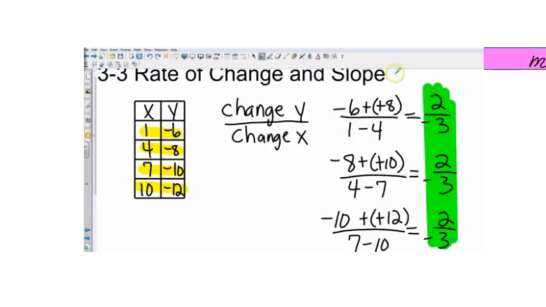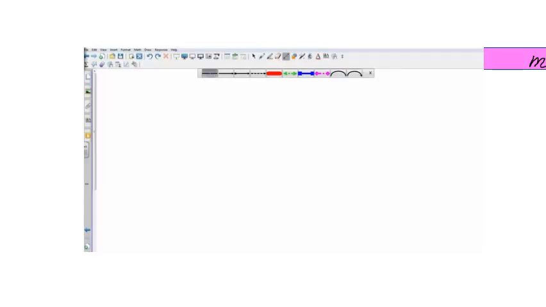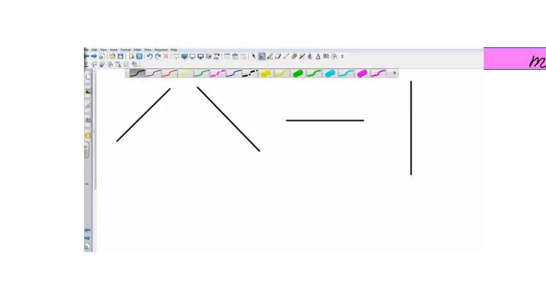Okay, let's move on and talk a little bit about slope. We have 4 types of lines, and I'm going to draw them here. Our 4 types of slopes on these lines: this would be a positive slope because it rises from left to right. So that's positive and rising.